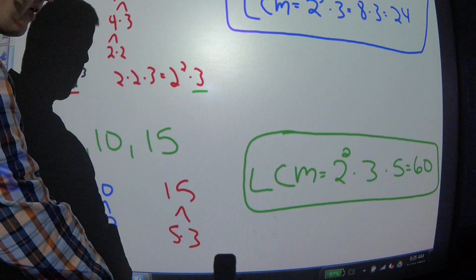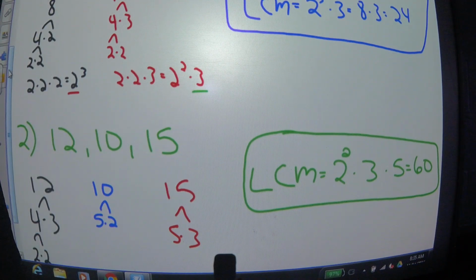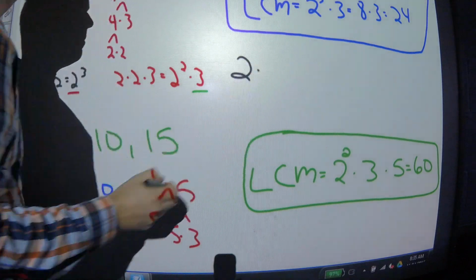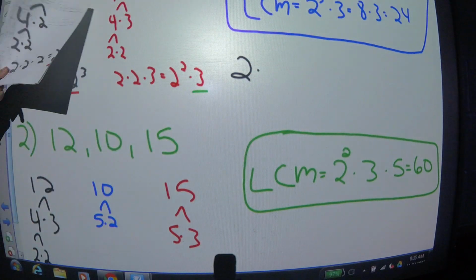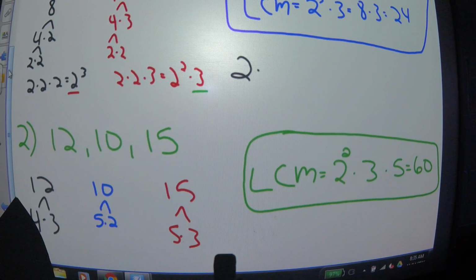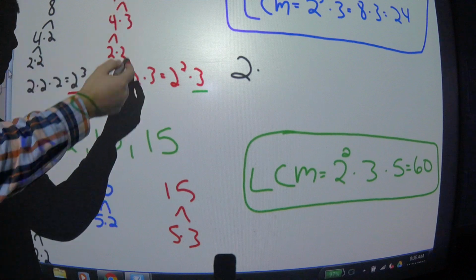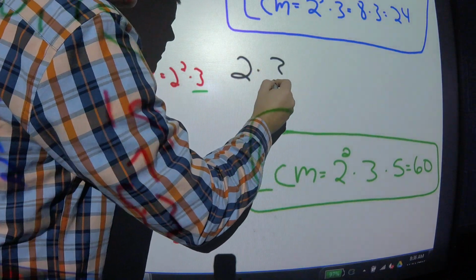Now, how you find the least common multiple from that is write down the prime numbers between both of these, not just the ones that both have. So 8 has a 2, 12 has a 2, but also has a 3.